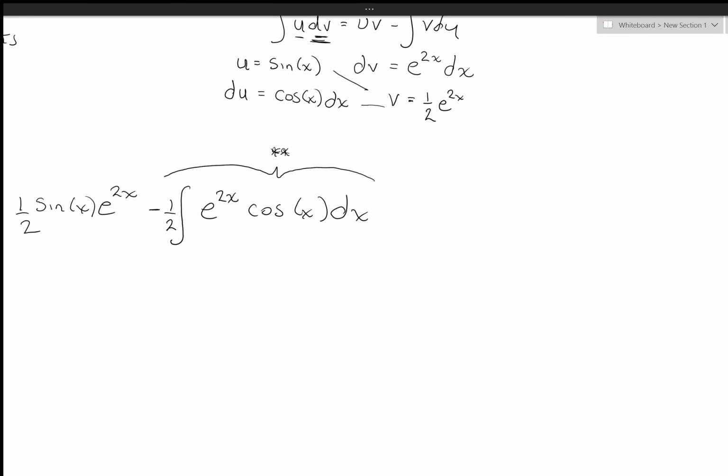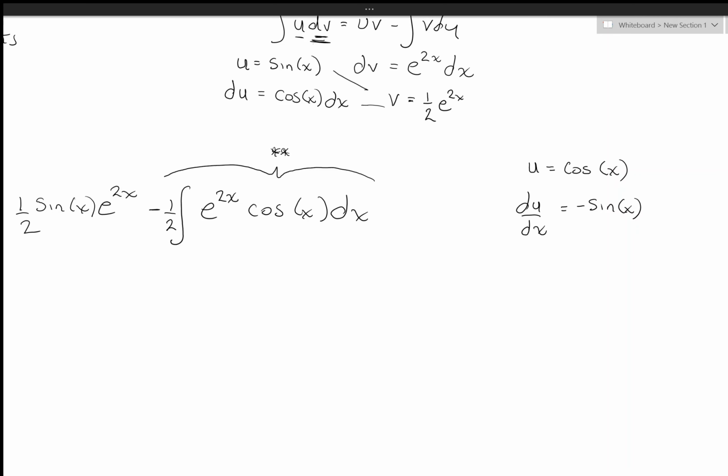Like we did before, we're going to choose u as the sinusoid. So here it's cos of x. If we take the derivative of that, du by dx is negative sine of x.